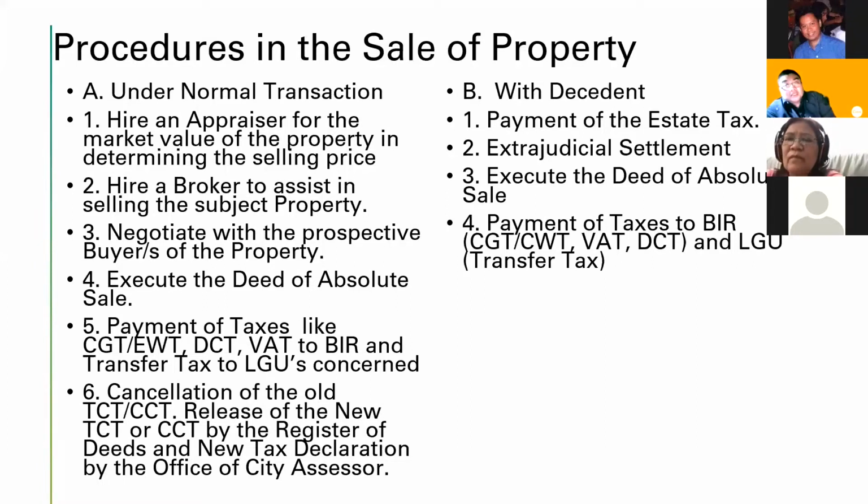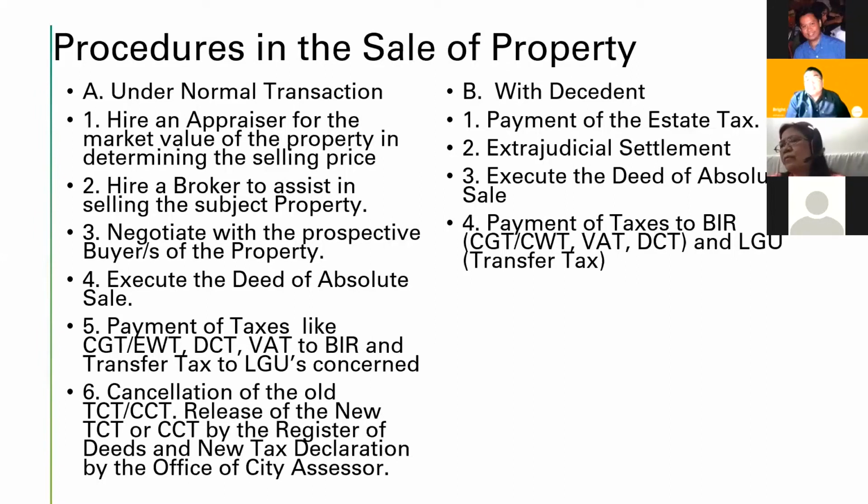Pwede naman kasi, diretso na to the new buyer, provided walang reklamo on other heirs. That's so that the title itself will already be in the name of the new owner. But you don't have to forget to pay for the taxes. Di pa bayad si BIR.